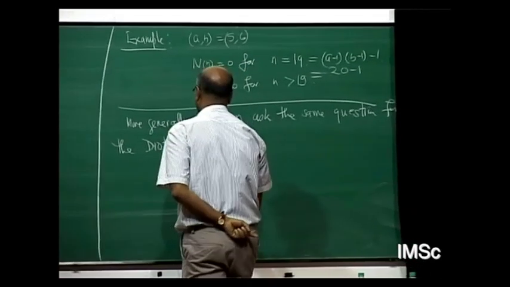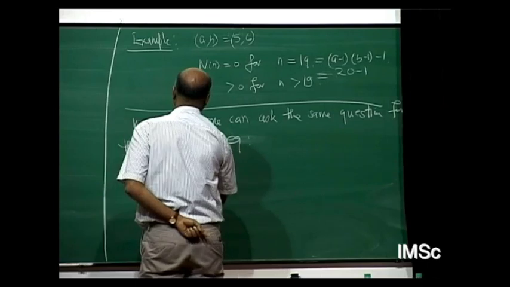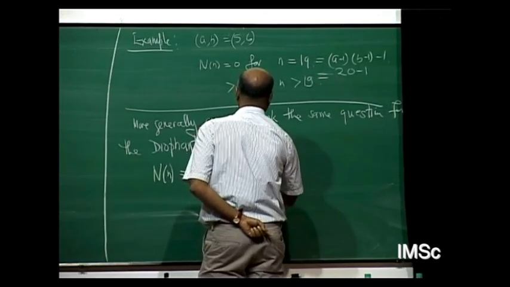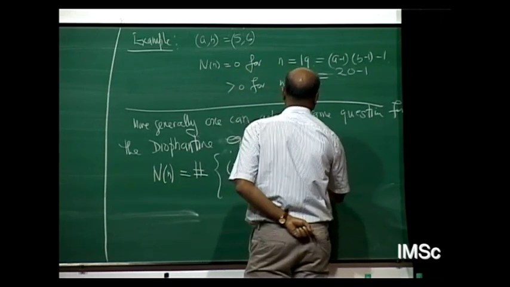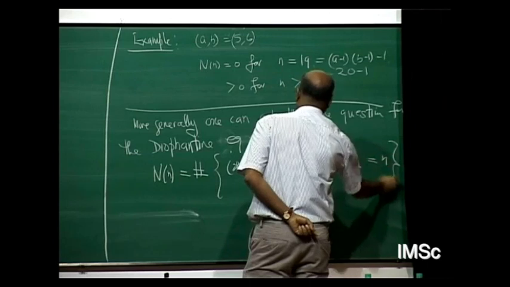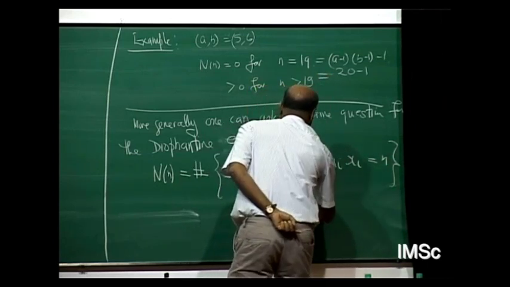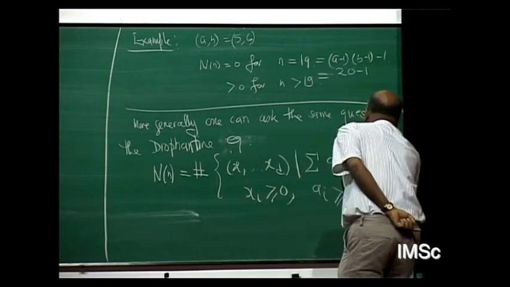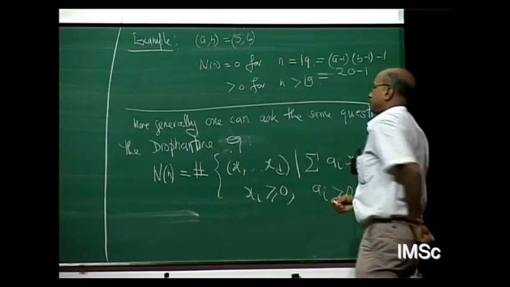N(n) is equal to the cardinality of (x1, ..., xd) such that the summation of ai xi is equal to n, where xi are greater than or equal to 0 and ai are greater than or equal to 0, and gcd of a1, ..., ad is equal to 1.